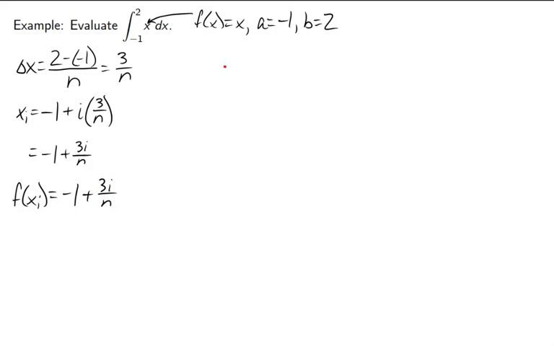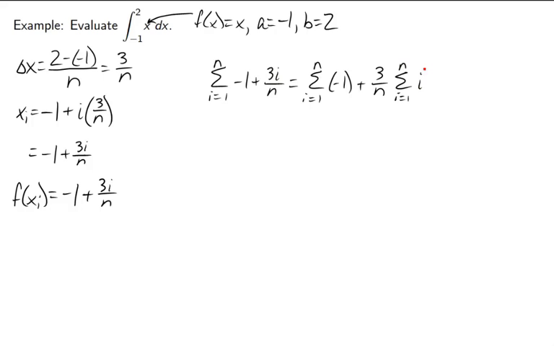Now here's our setup. We're going to do the summation i equals 1 to n of negative 1 plus 3i over n. Using what we did previously, this is the idea. I'm going to break this down into the sum i equals 1 to n of negative 1 plus 3 over n times the summation i equals 1 to n of i.